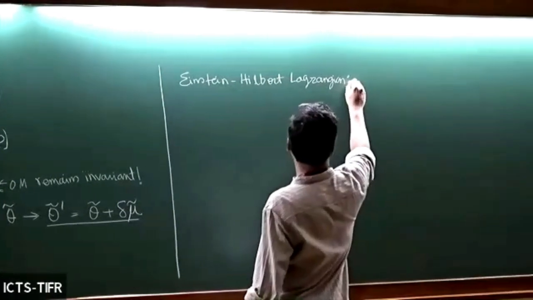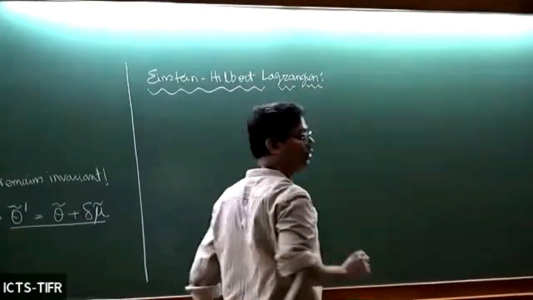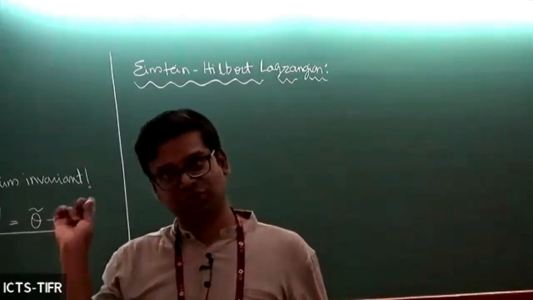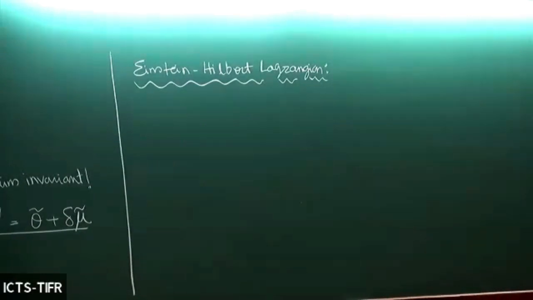I hope all of you know the story of how Hilbert got the Lagrangian but Einstein got the field equations. That's a very interesting story. If you're interested in the history of science, do look at Hilbert's role in general relativity. It's a remarkable thing.